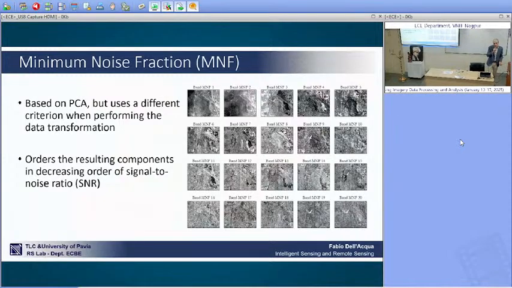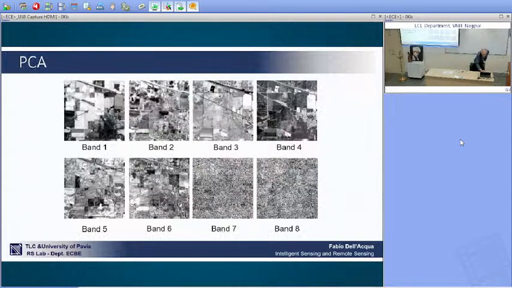If I guided you to assess this visually, this is not a good example, but this one could be. If you look at this series of PCA bands, you can assess that up to band 6, for sure, there's a relevant amount of information still contained there. From band 7, well, I don't know. From band 8, probably not.